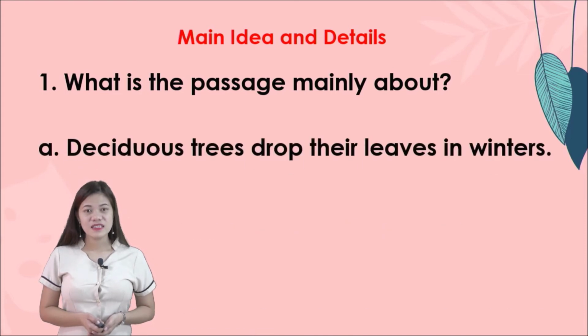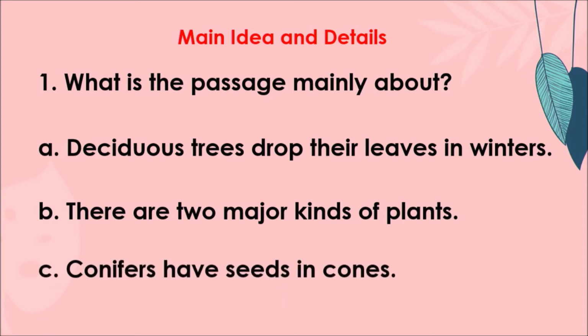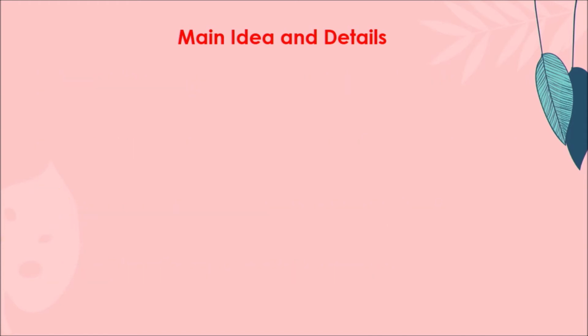A. Deciduous trees drop their leaves in winter. B. There are two major kinds of plants. Letter C. Conifers have seeds in cones. So the answer is letter B. There are two major kinds of plants.